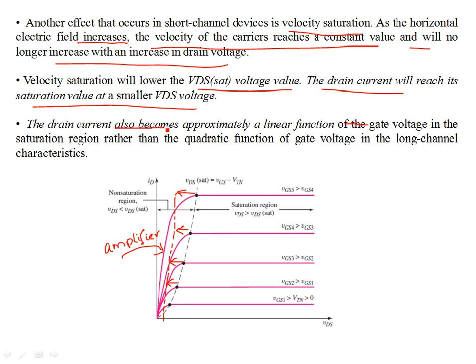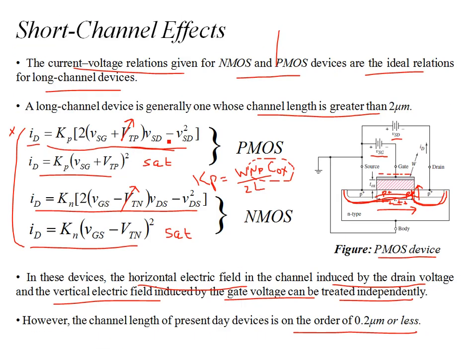The drain current also becomes approximately a linear function of the gate voltage in the saturation region, rather than the quadratic function of the gate voltage in the long channel characteristics. So you see, in the saturation region, we had this. These are the saturation regions for NMOS and PMOS devices. So not only is your threshold voltage now a function of channel length and VDS, but your drain current is no more a quadratic function of the gate source voltage.